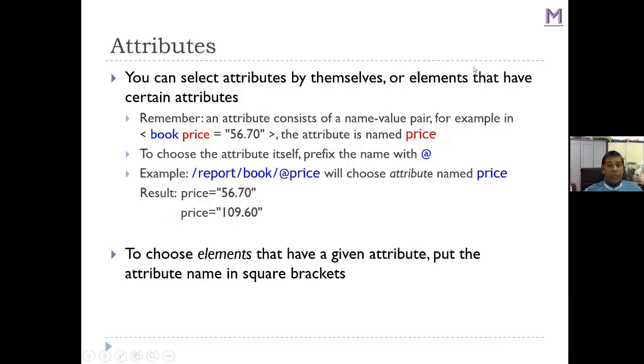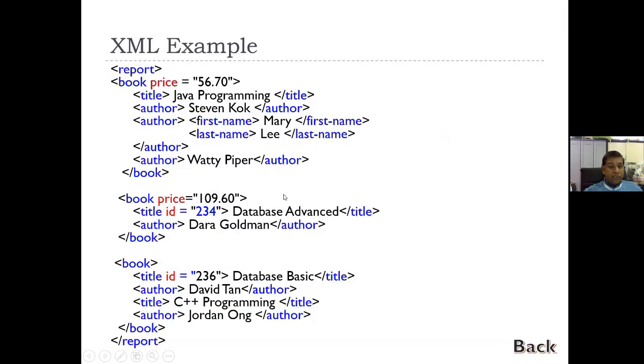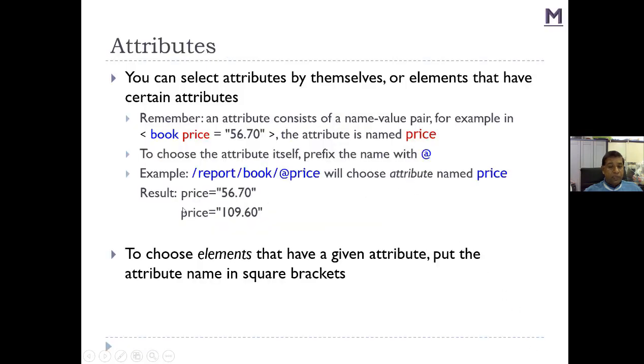If you look at our example here, you can look at the price 56.50, and then the price attribute here, 109.60. So these two will be extracted from here and displayed as the output. Okay, is it clear? Okay, next.